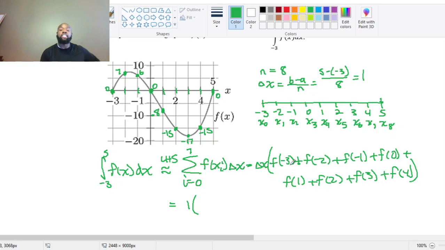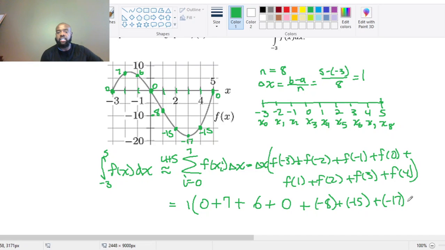So when I do my left-hand sum, I take my functional value at -3, which is 0, functional value at -2, which is 7, at -1, 6, at 0, we get 0, at 1, we get -8, at 2, we get -15, at 3, we get -17, and at 4, we get -15. And I left off my plus sign there, plus.